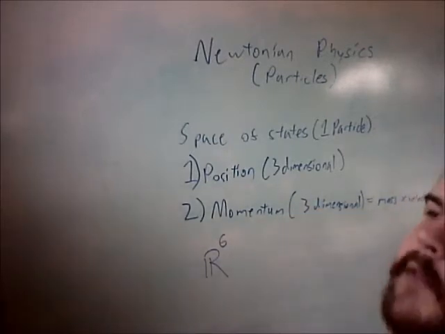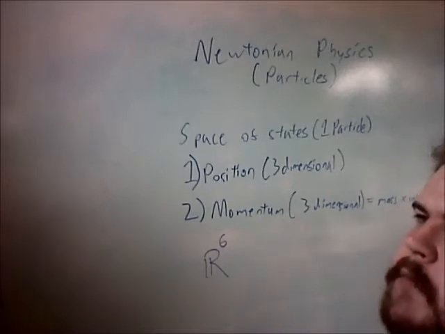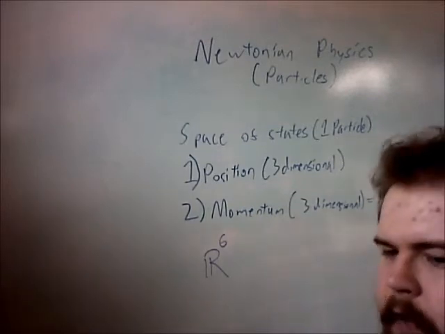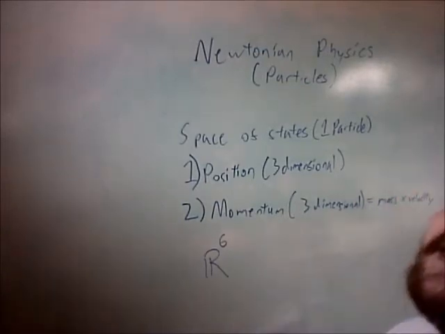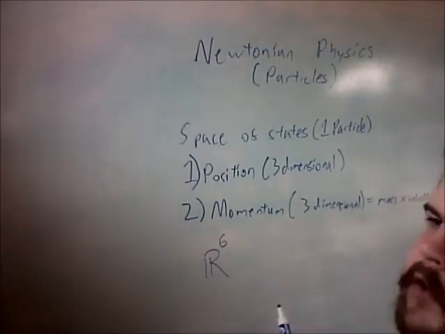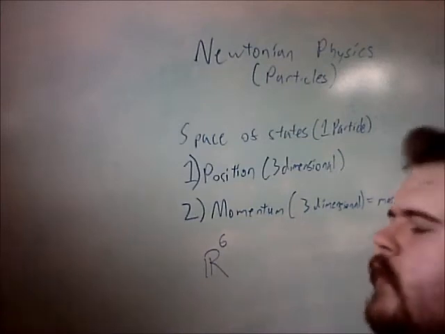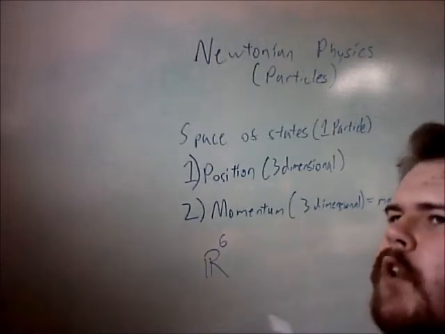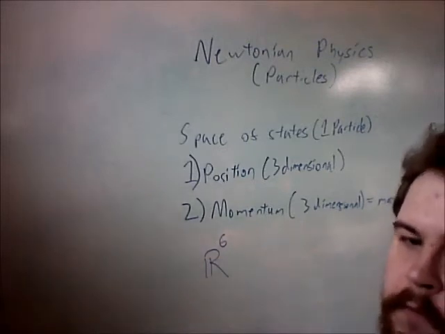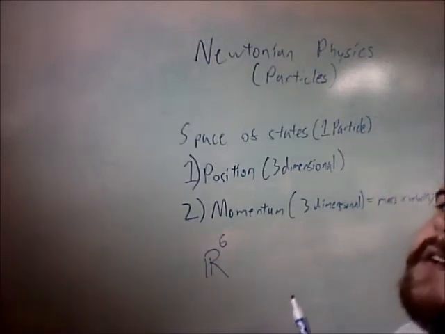They're not independent typically when it comes to the law of evolution. Where one particle is located and how fast it's moving is relevant to where the other particle is located and how fast that other particle is moving. But that's taken into account in the laws of evolution. For the space of states, they're independent.